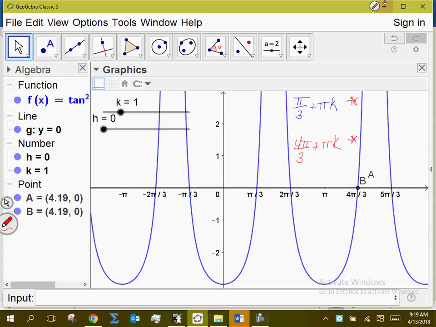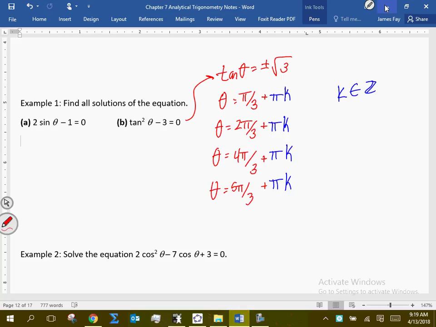And k is just a counting device, so I don't care that I didn't get this solution from this one until k was 1, and here k was 0. It doesn't matter what k was to get the solution, just the fact that it got me the solution. Does that make sense? So that being said, we don't necessarily need both of these.